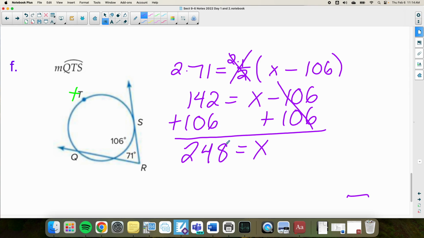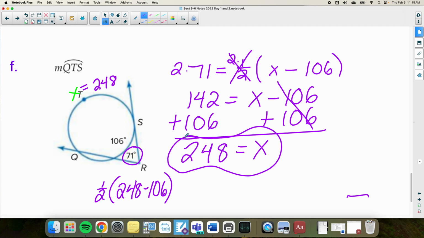Okay? Now again, you could put that back in here, and you could say, if this is 248, and I went 1/2 times 248 minus 106, would I get 71? So you can always check your answers here to make sure that you get it right.